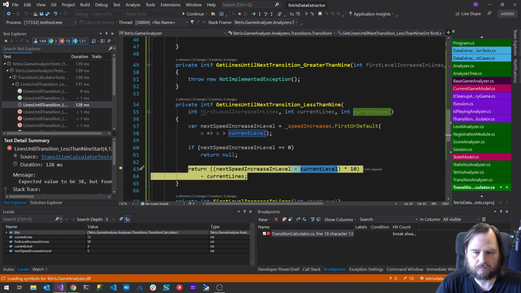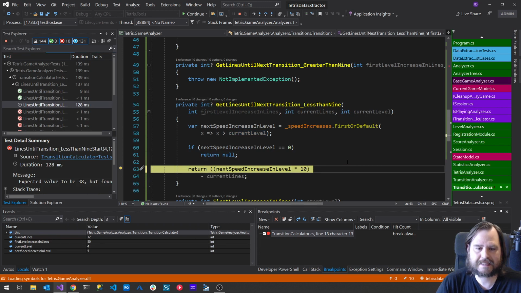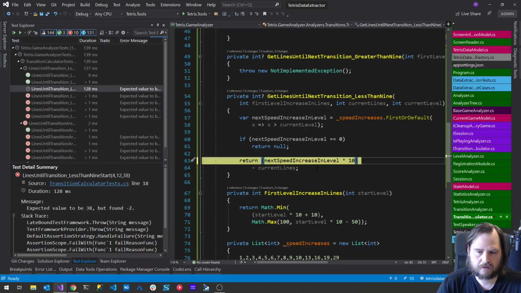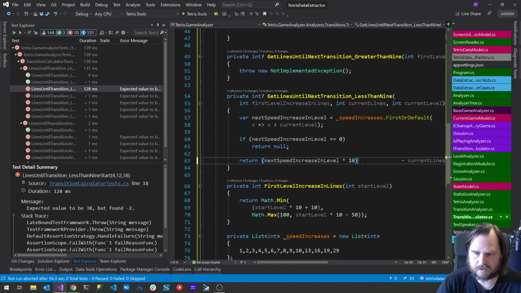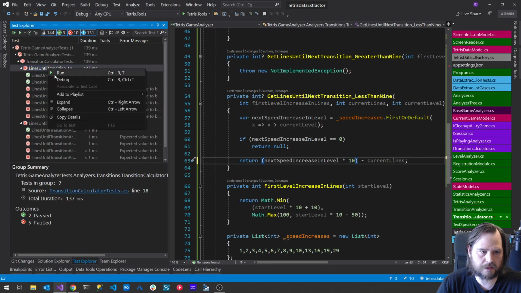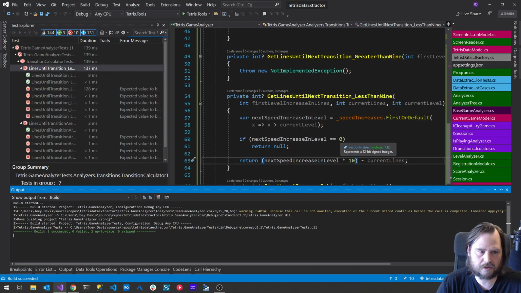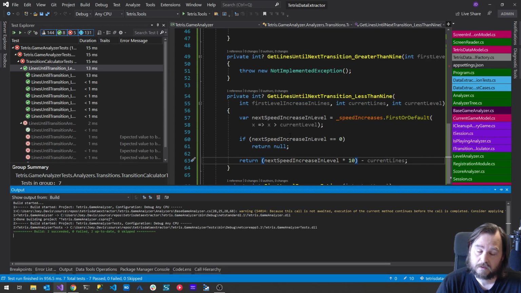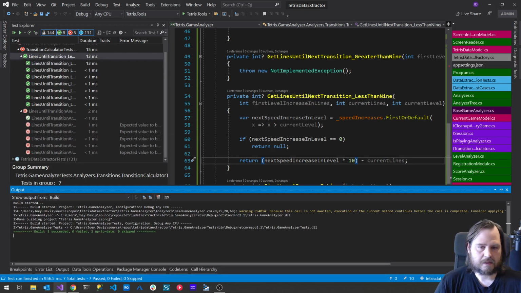No. Your next speed increase in level times 10 minus current lines. Yeah, that's right. That's why we separated these, because this is a super simplistic scenario. This should work for everything. Okay.